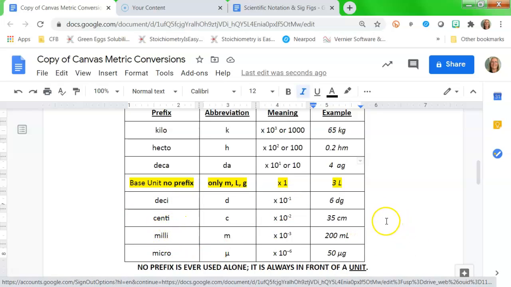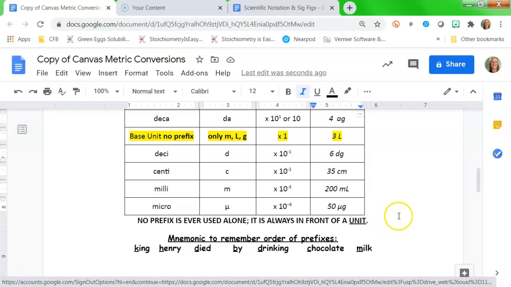And those are basically the ones that we are going to need to pay attention to. I didn't mention micro. You can see the symbol for micro right there.